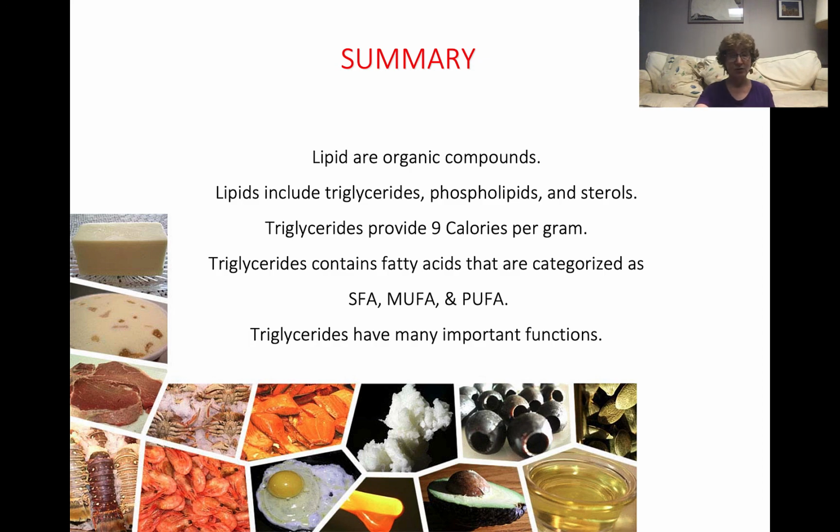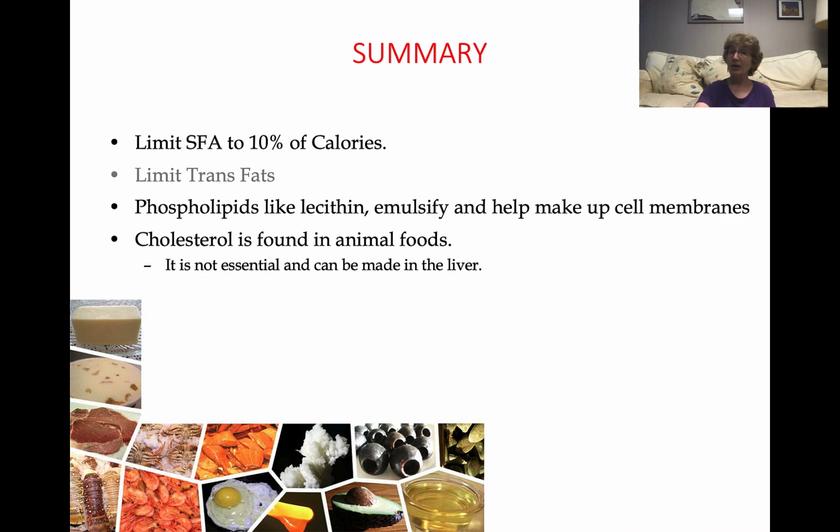Triglycerides have many important functions. Limit your saturated fat intake to 10% of your total calories. Limit your trans fats. Phospholipids help make up cell membranes. They act as emulsifiers. We'll talk about that. And cholesterol is only found in animal products. We make it in our liver, and it is therefore non-essential.